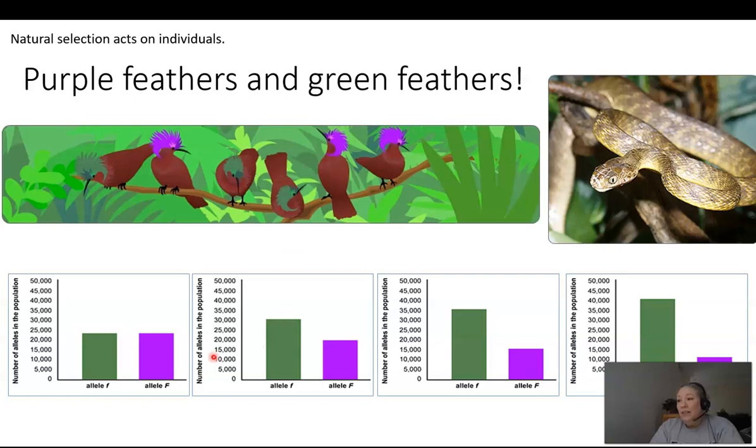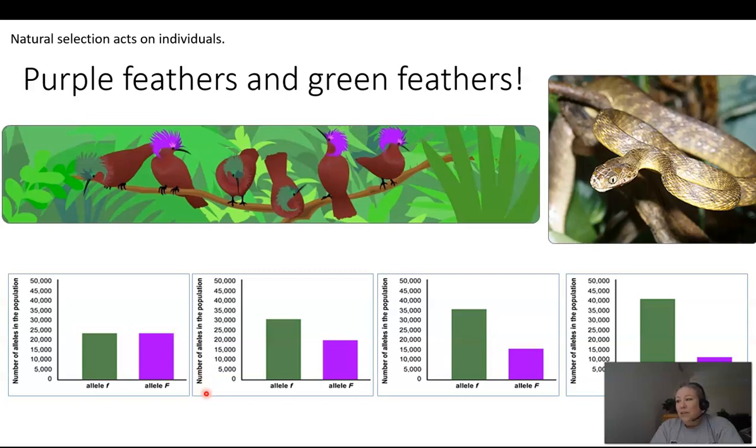And so you can see originally the allele for green versus the allele for purple, they existed in a 1:1 ratio before the snakes arrived. You can see we're at about 25,000 alleles for green, 25,000 alleles for purple.